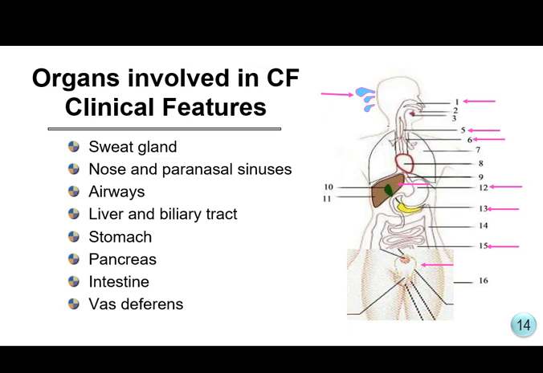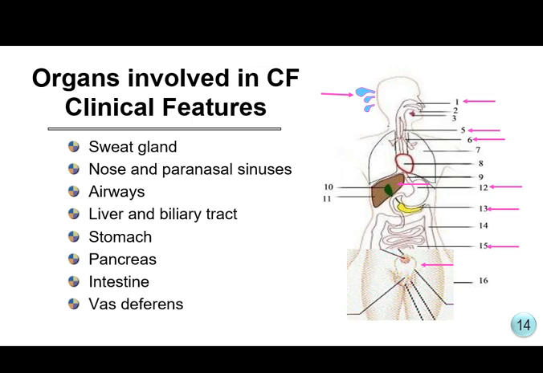Number one, your airway, your lung, liver and biliary tract, your major digestive gland is a huge exocrine. Stomach, pancreas, intestine, vas deferens. These are affected by the CFTR mutation.